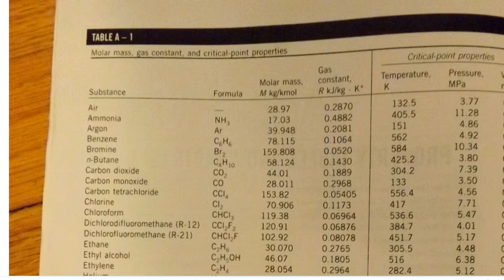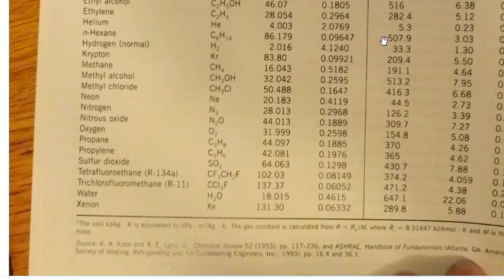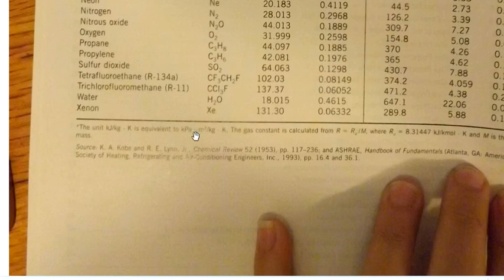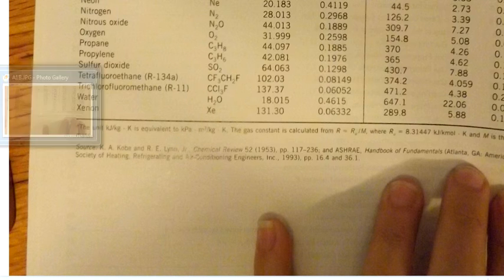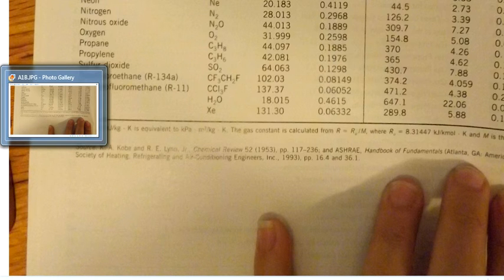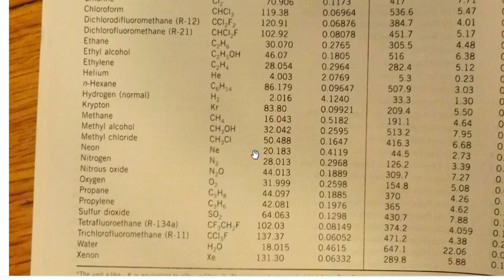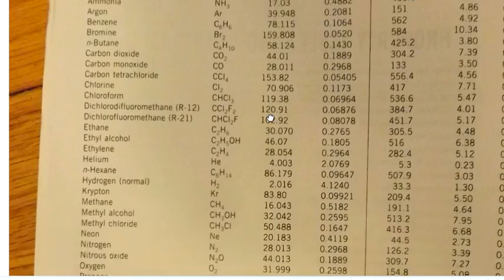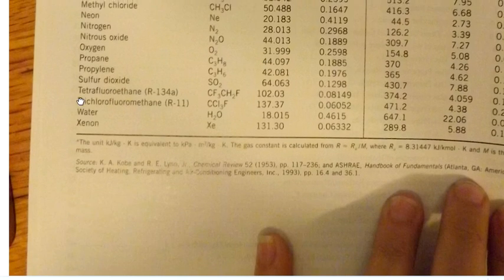Want to make sure we get our units in so that we're looking at the right thing. Can verify that our answers are correct later. This is kilopascals times meters cubed divided by kilograms times Kelvin. Kelvin's on the bottom, right? Yeah.